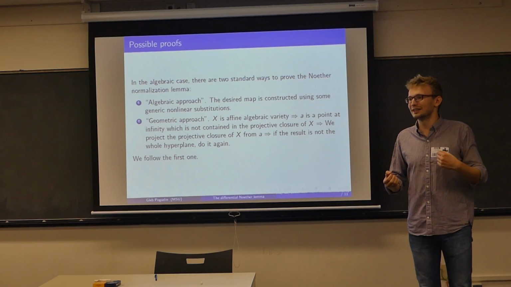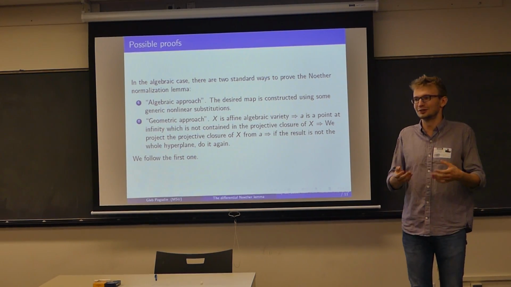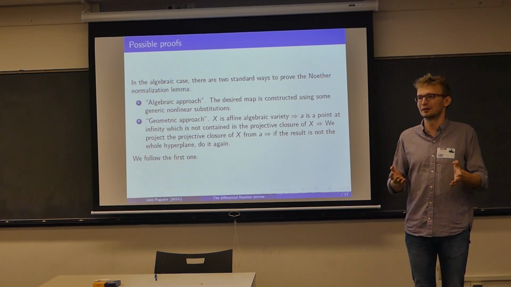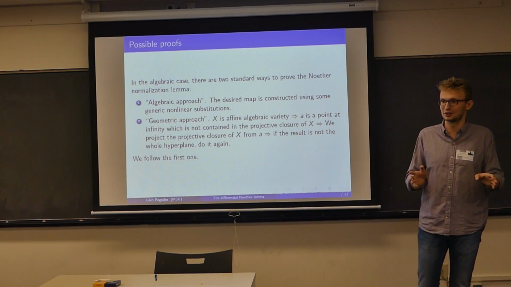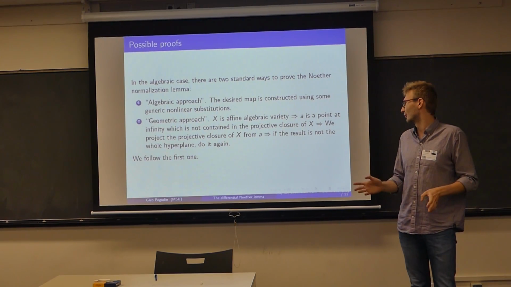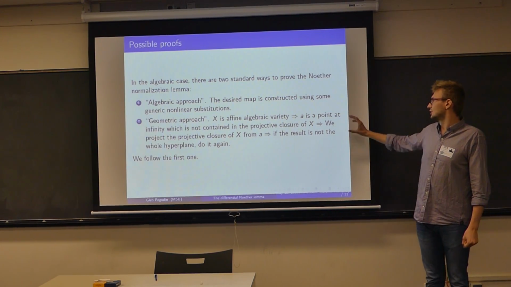The second problem is that in the differential case, projective varieties are no longer complete. There's a big problem with complete differential varieties. There are not so many of them. So we follow the first approach.